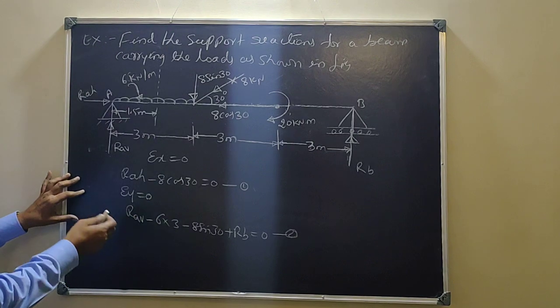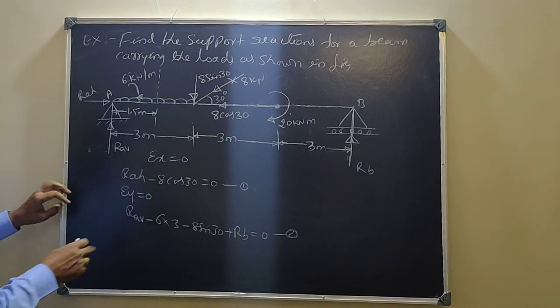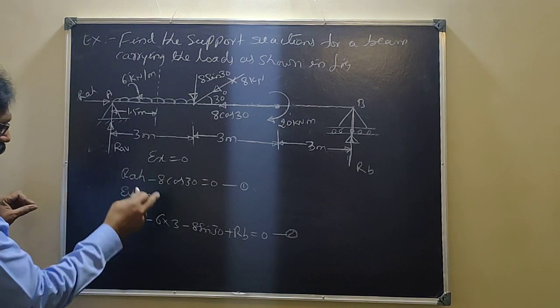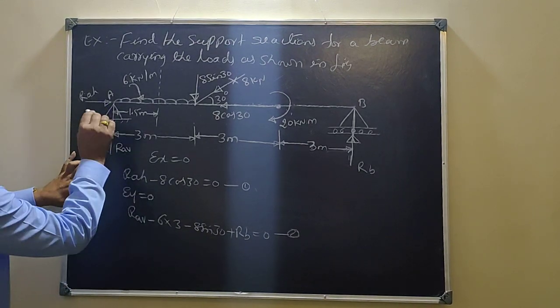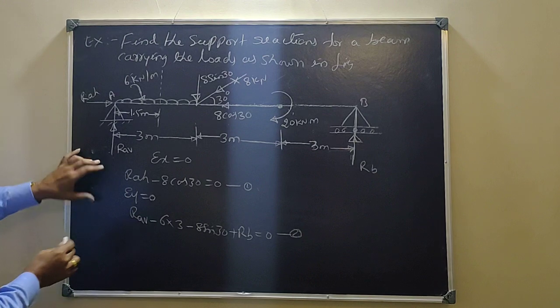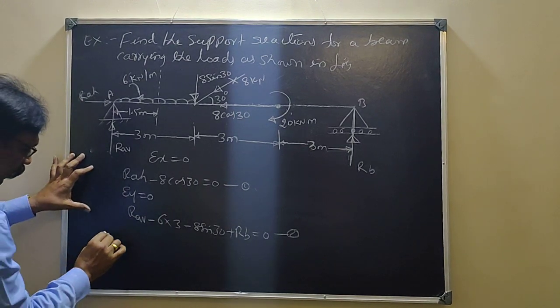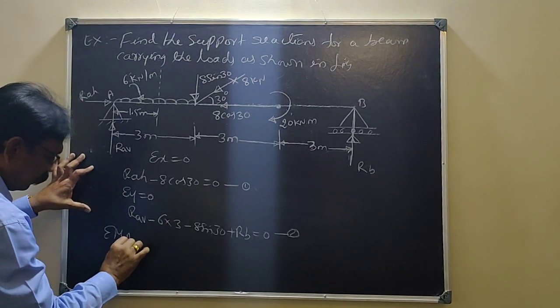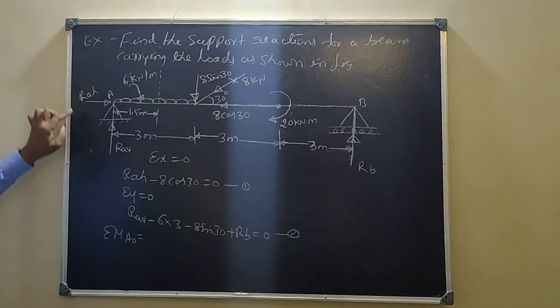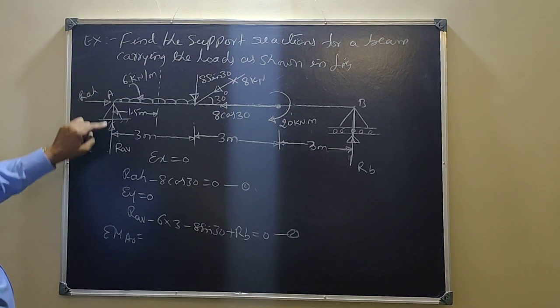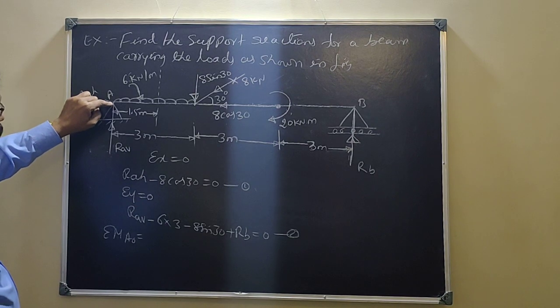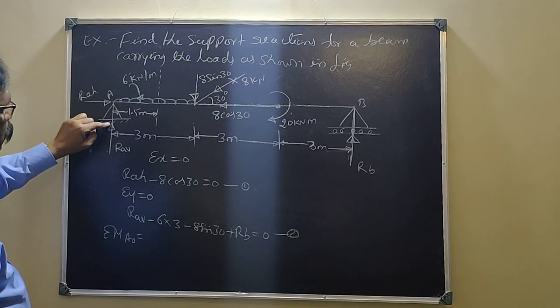Then as you find, the unknowns are RAV, RAH and RB. So one more equation is required. Let us take the moments of all the forces about point A, that is sigma MA is equal to 0. The horizontal component passes through A, so its moment is 0, and RAH also passes through this point, so its moment is also 0.